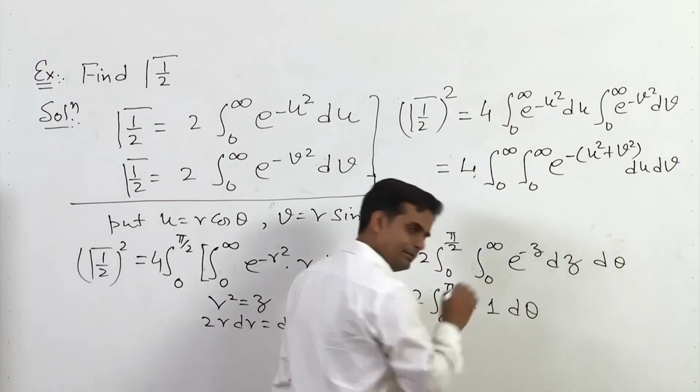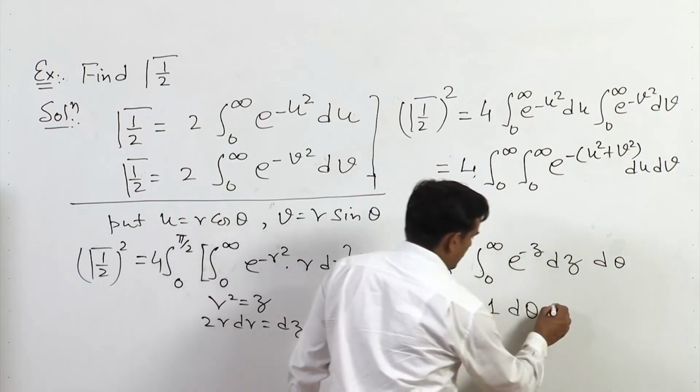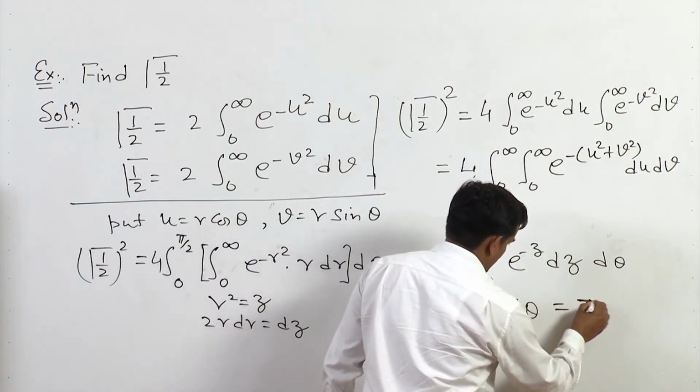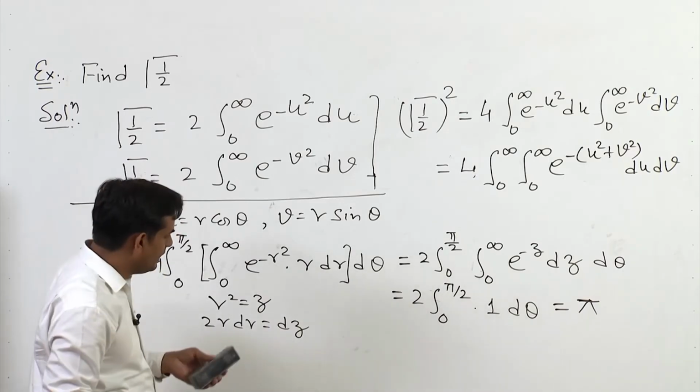So, d theta. Now, 2 into pi by 2 will come out pi.